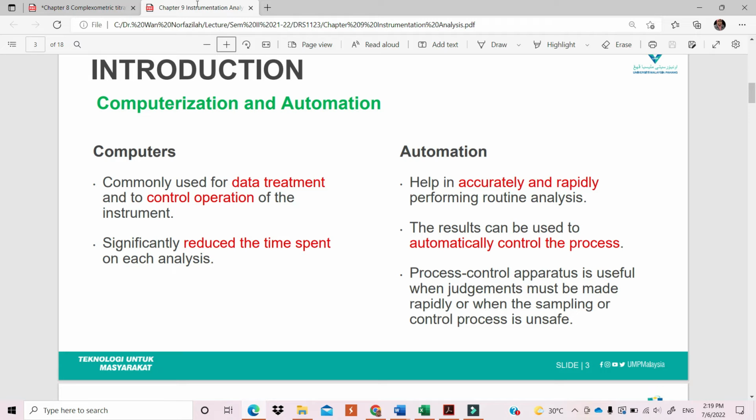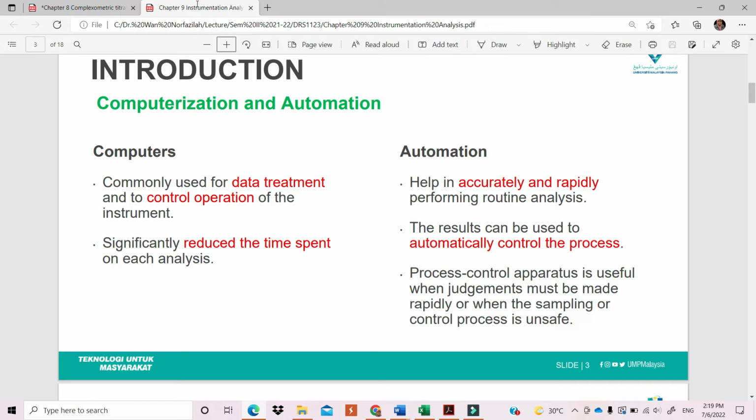Usually we control the operation of the instrument using the computer, and significantly reduce the time spent on each analysis. Once you inject your sample in the instrument, you can get your results using the computers. So it is very fast, and that's why we can reduce the time spent on each analysis.